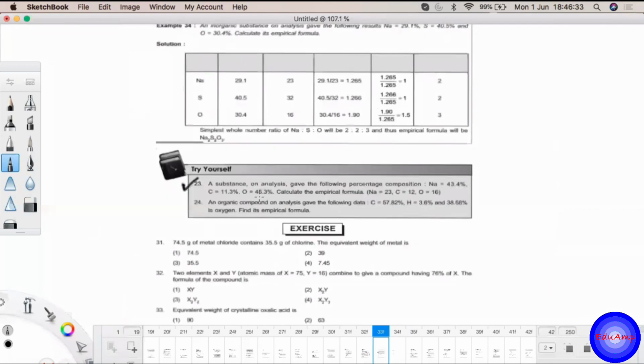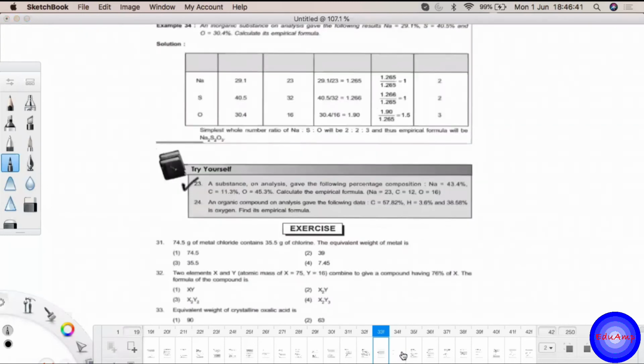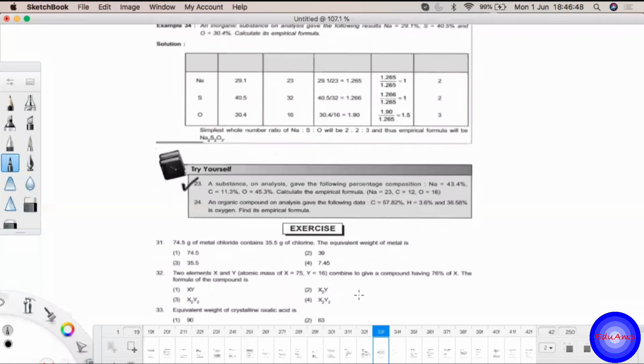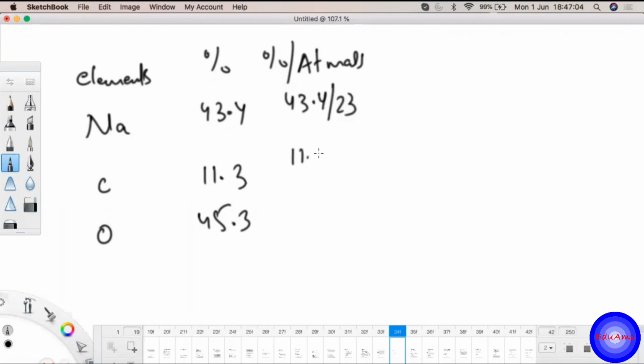Then percentage of sodium is 43.4, carbon 11.3, and oxygen is 45.3. So in the second column we wrote percentage. Now percentage should be divided by atomic mass. Atomic mass of sodium is 23. 11.3 divided by 12 for carbon, 45.3 divided by 16.